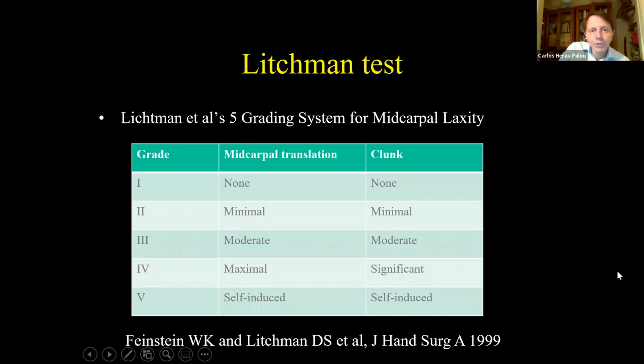So I'm going to go back to Marc and Alex again. Any other things we should do to better define this type of instability, Marc? Well, I think that it is important to test for increased mobility, but also for pain.